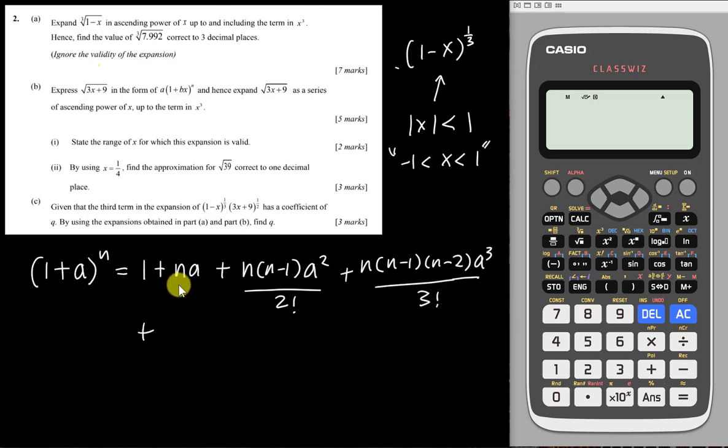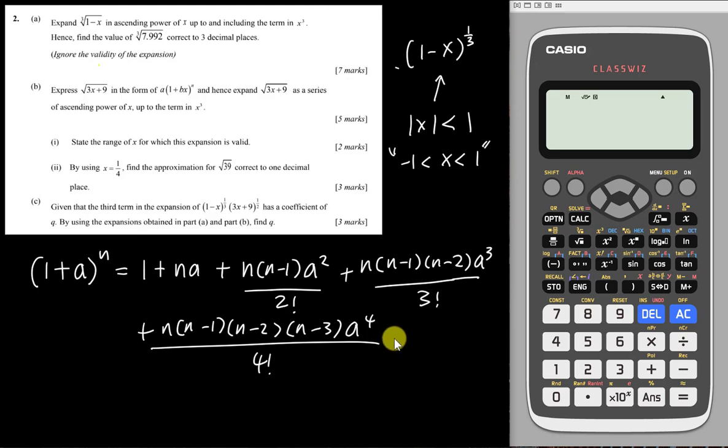I can keep on doing: n minus 1, n minus 2, n minus 3, then a power of 4. Here you have 4 terms, isn't it? Divide by 4 factorial, and so on. Then n minus 1, n minus 2, n minus 3, n minus 4, and a power of 5 divided by 5 factorial, and so on.